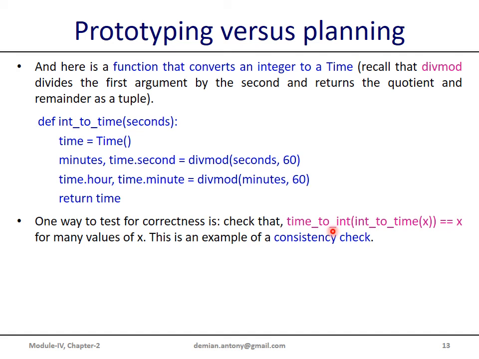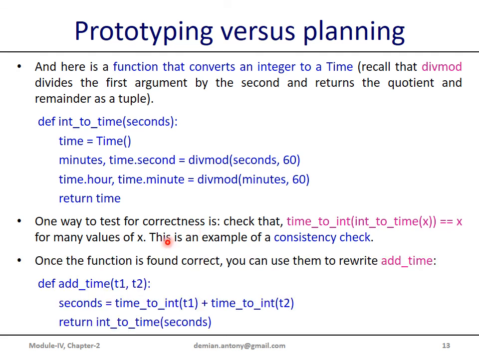The time_to_int and int_to_time, because these two operations are inverse to each other, ultimately if we apply these two functions in this manner, result in the actual integer x. That's why if you do this consistency check and the function passes it, it means that the function is right.